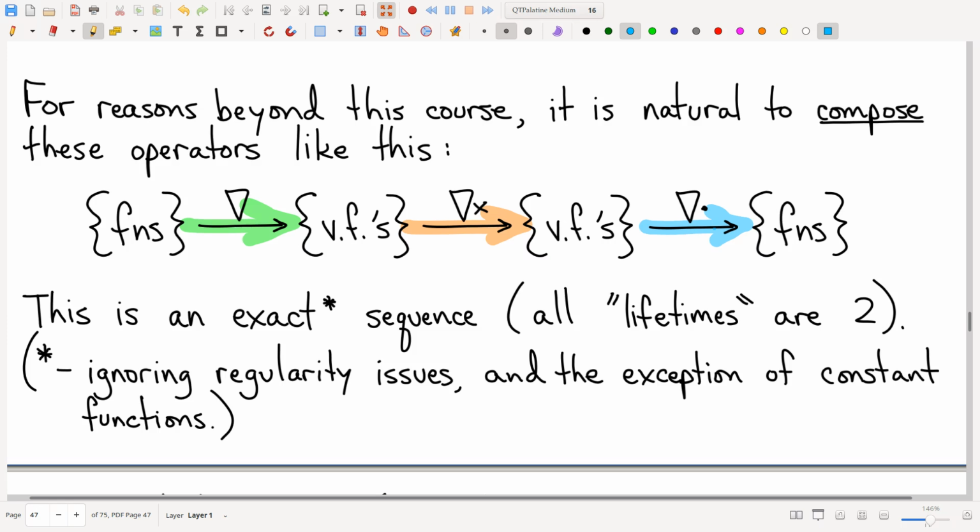Not just because the Legos have to fit together, right? I mean, gradient takes a function and produces a vector field. Vector fields are exactly what you need to take the curl of, right? The fact that it fits together there, it fits together here, the pieces, Legos and all that, that's nice and all, but that's not the point. There are much, much more deep and sophisticated reasons why we compose exactly these operators in exactly this order.